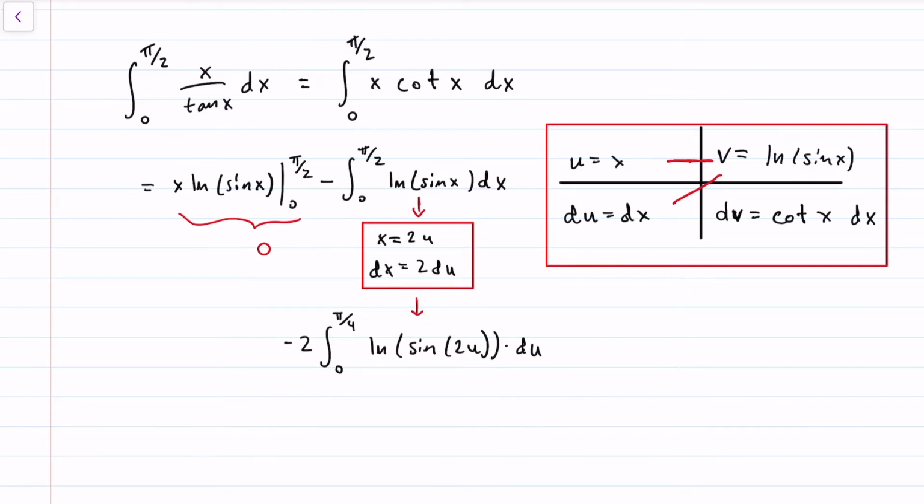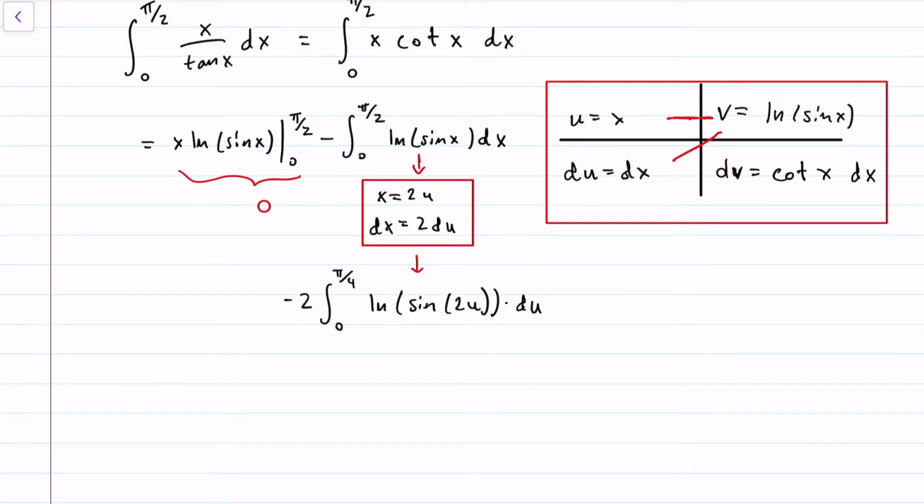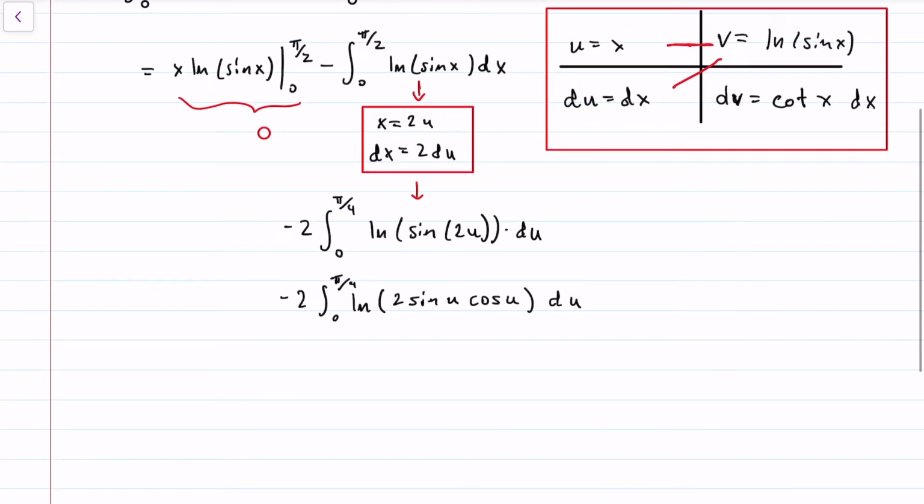Good. Okay, what else? Well, like I said, we're going to use the fact that sine of 2u by a double angle formula is 2 sine of u times cosine of u. And then we'll split this up. Now the next part I think is a pretty unobvious thing.